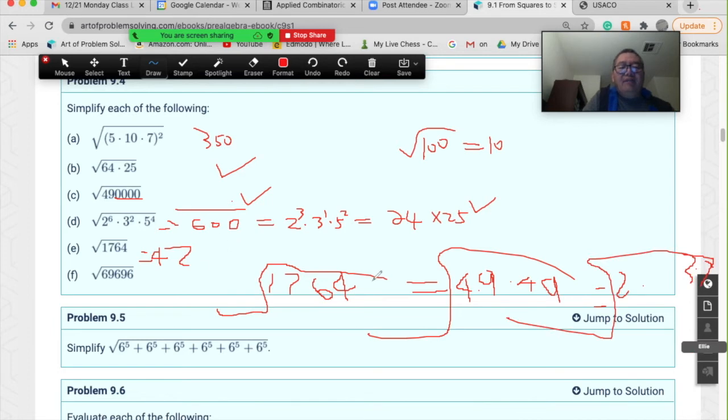This one is 49 or is 42? Which equals 2 times, hold on, 2 times 3 times 7, which equals 42.